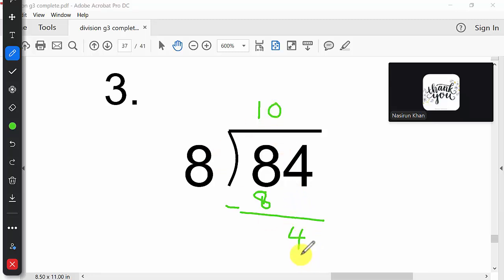So 0 times 8 is 0 or nothing here. Then we subtract, the answer is 4. This one is the remainder. Okay, so 10 remainder 4. We check: 8 times 10 is 80, and then the remainder is 4. 10 remainder 4. Okay, let's do number 4.